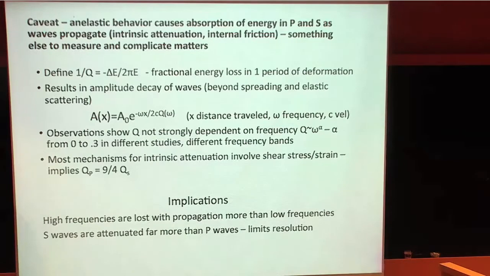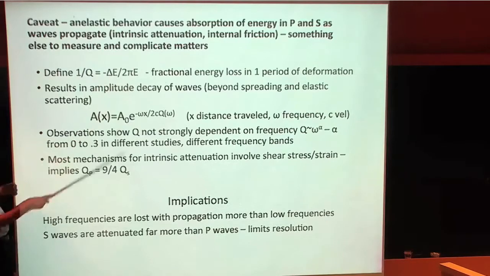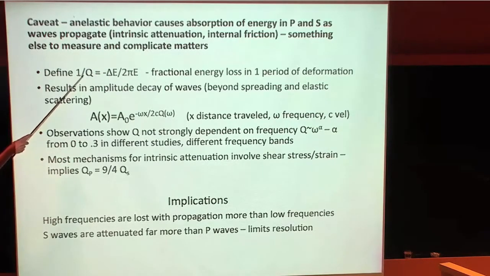So implicit in the definition of Q is an oscillating deformation. One oscillation, one period, fractional loss of energy with a 2 pi in there gives you the Q. High Qs mean very little energy loss. Low Qs, you're absorbing a lot of energy.